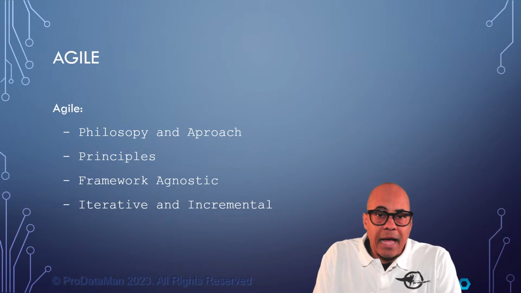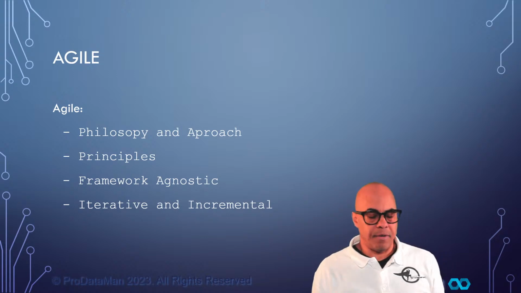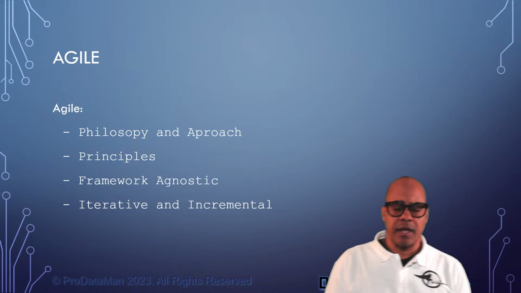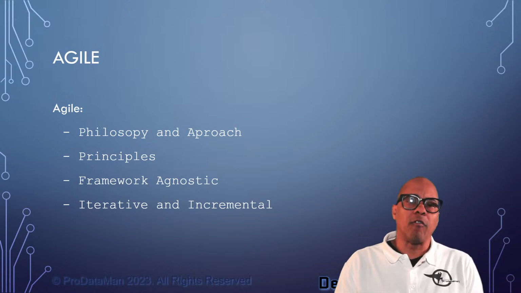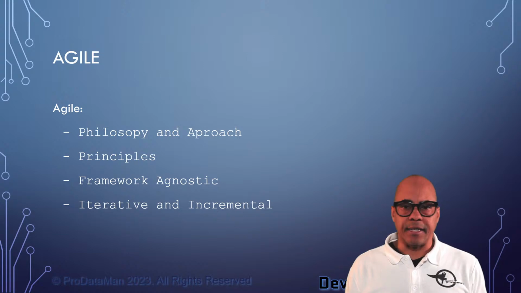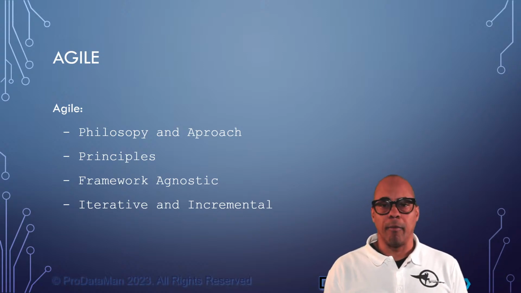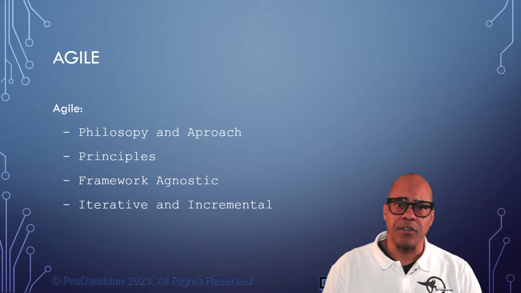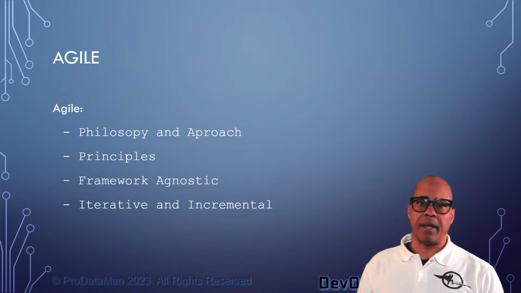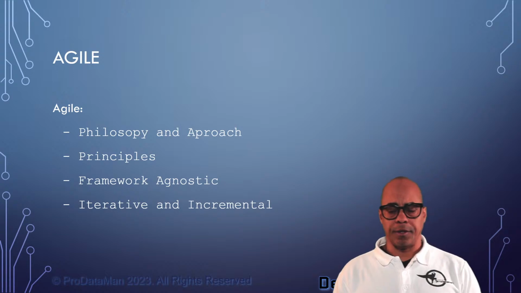Now, Agile is based on 4 core values and 12 principles. Now, I won't get into the details of those in this discussion. If you want to hear more about those, I'll put a link in the description to the Agile Manifesto where you can read all of the details about that.